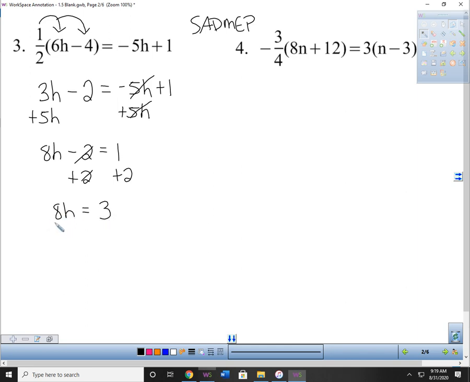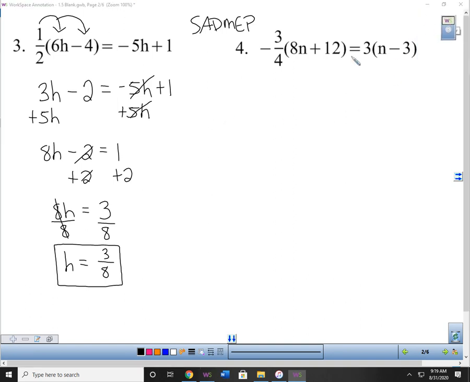And then I have to divide by the 8, just like in the previous lessons. So I get h equals 3 over 8, does not reduce. And there I have my answer.